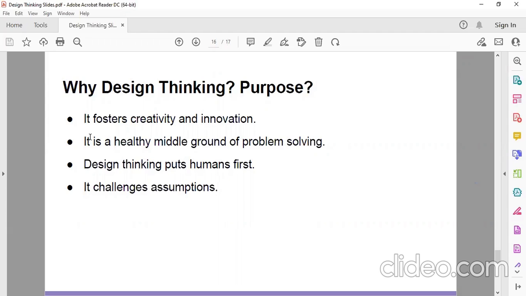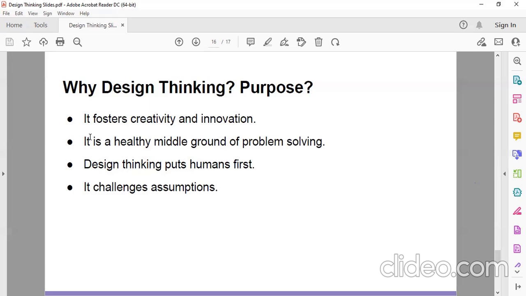Okay, that's another thing. The last one is it challenges assumptions. Yes, that's what we discussed. By thinking out of the box, we actually try to falsify the existing assumptions, right?